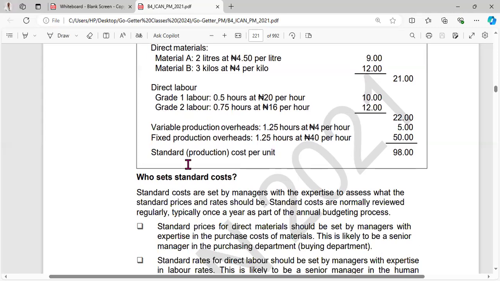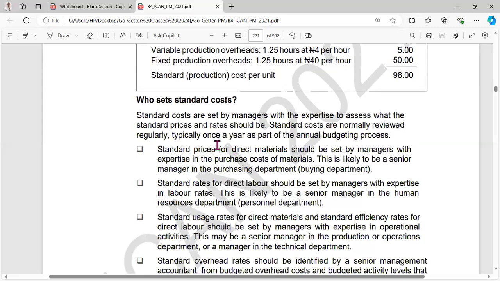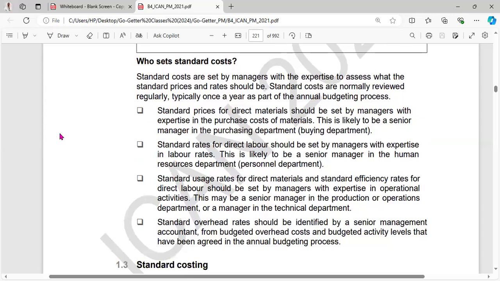So standards, who sets them? Standards are usually set by managers with expertise to assess what standard prices and rates should be. I told you about standard prices and rates. And these are normally reviewed typically when they want to make a budget. Standard prices for direct materials, who set it? It is the purchasing manager, because this is going to be the purchasing department.